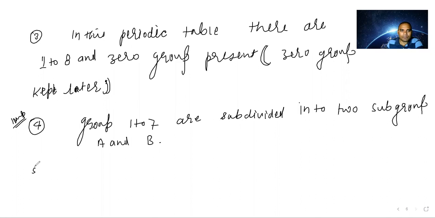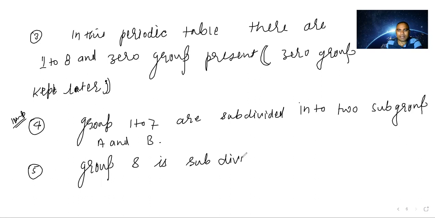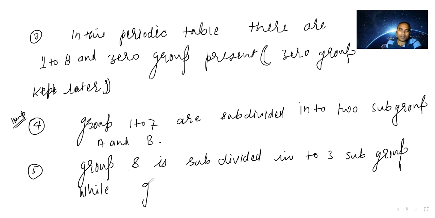Now, fifth number. Group 8 is subdivided into how many groups? Group 8 is subdivided into three subgroups, while group 0 is not divided.